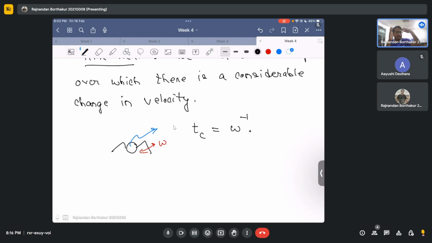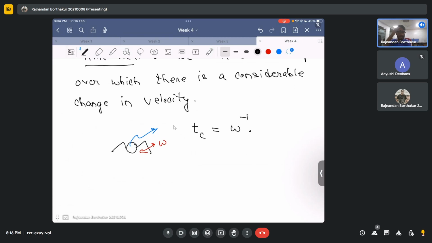If it flaps faster, the fluid will be disturbed more rigorously, so the disturbance velocity would be more. If it flaps slower, the disturbance would propagate more slowly, which means the considerable change in velocity is related to the frequency at which the bird flaps its wings, and that's why the time scale would be omega inverse.